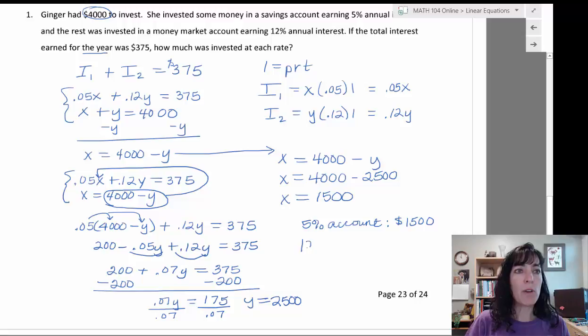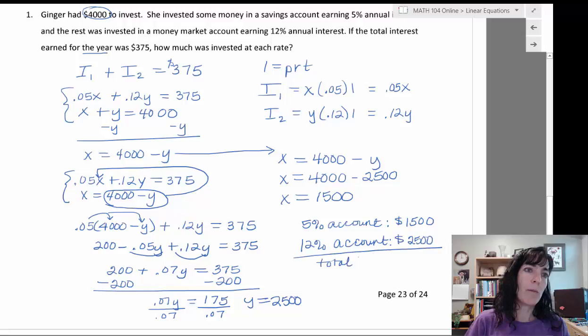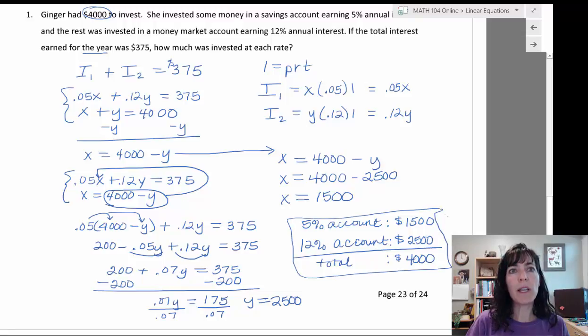And then the 12% interest has the $2,500. And that shows that my total invested is $4,000. So all of that together I can use as my solution because that's going to show specifically how much money was invested in each account and then also what the total amount that was invested is.